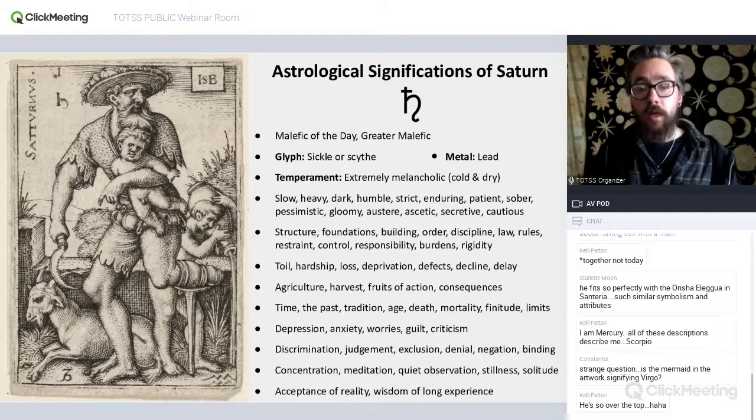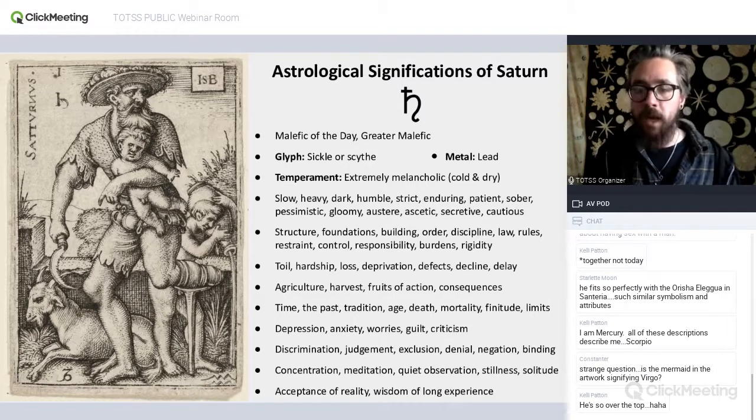So Saturn can indicate things like depression, anxiety, worries, or guilt. And if you struggle with those things, you might look at your Saturnian placement for them. The melancholic temperament signifies a lot more than melancholy, or what we now call depression, but they are associated with each other.